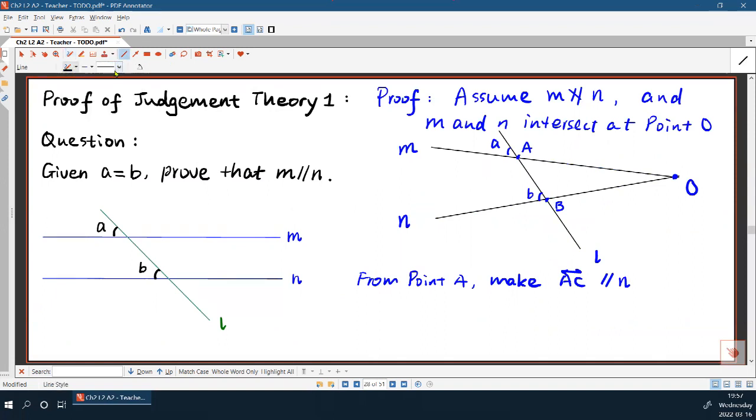Okay, let's call this F, C. And then let's call this point G, and this point here D, in order to facilitate our discussion.